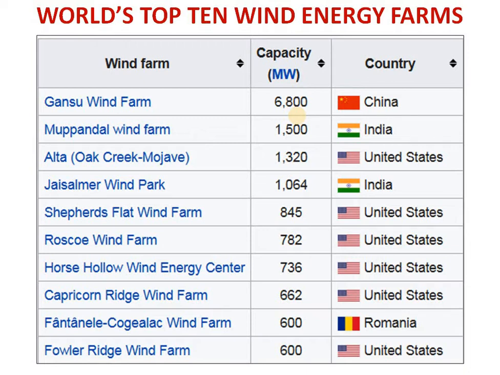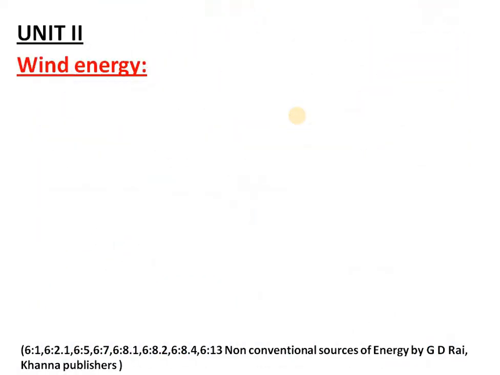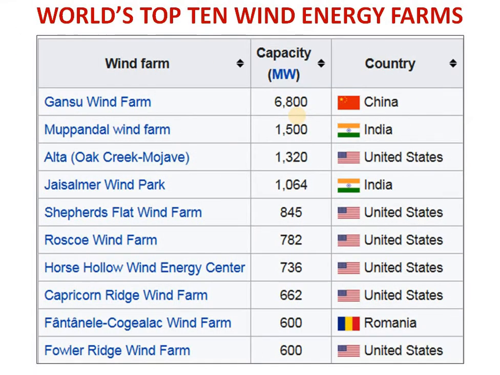This stands globally at second position, with the United States third, and the fourth is again occupied by India, with a big wind farm at Jaisalmer, Rajasthan. There are many other renowned companies running wind energy farms worldwide. This slide shows the importance of wind energy around the world.